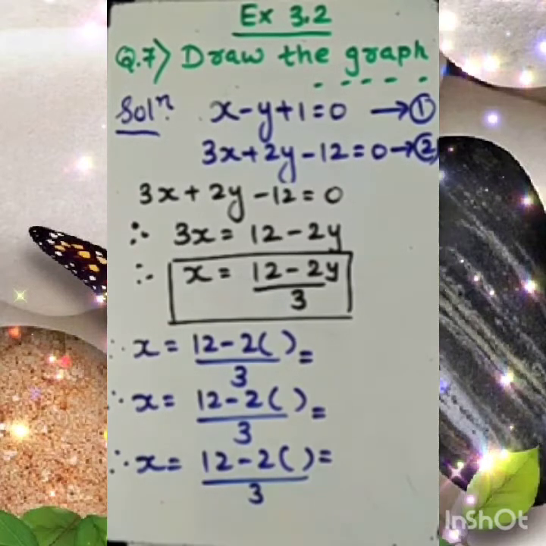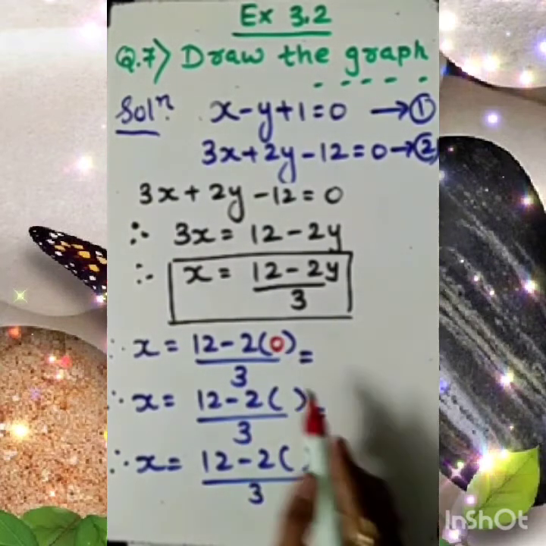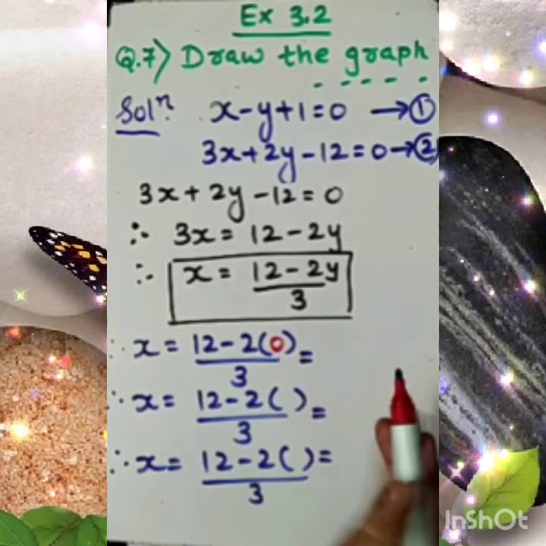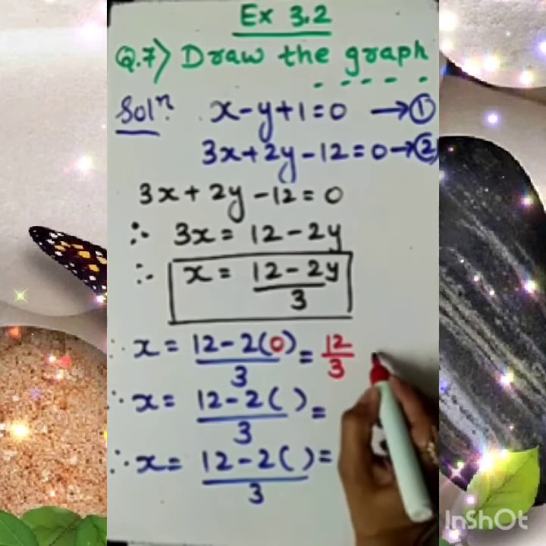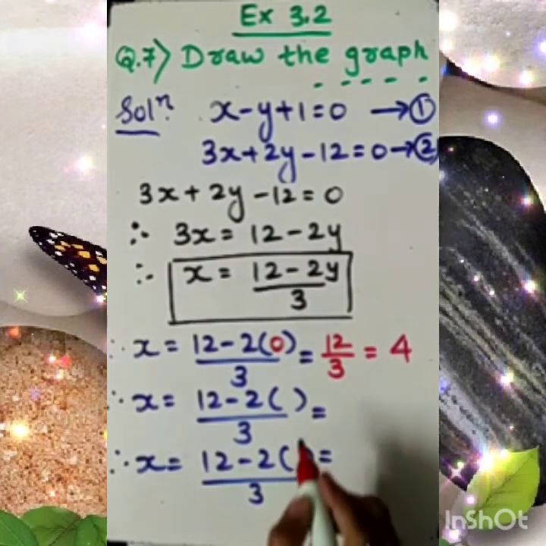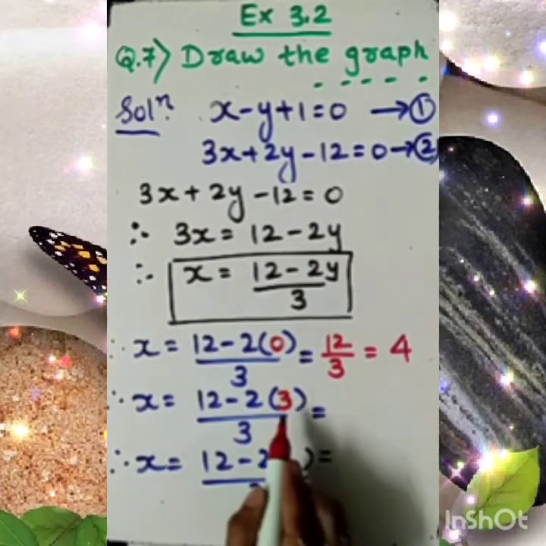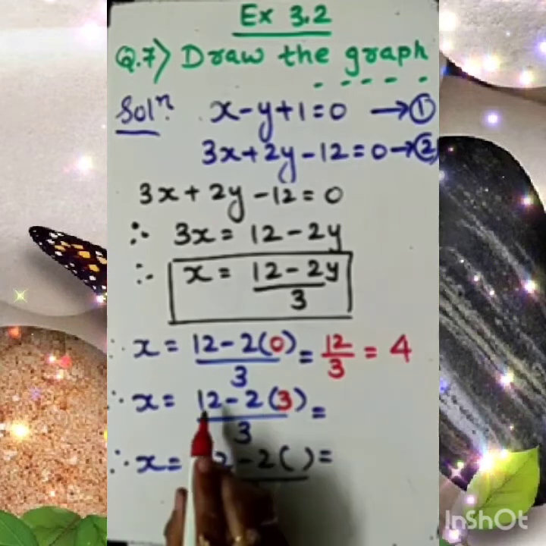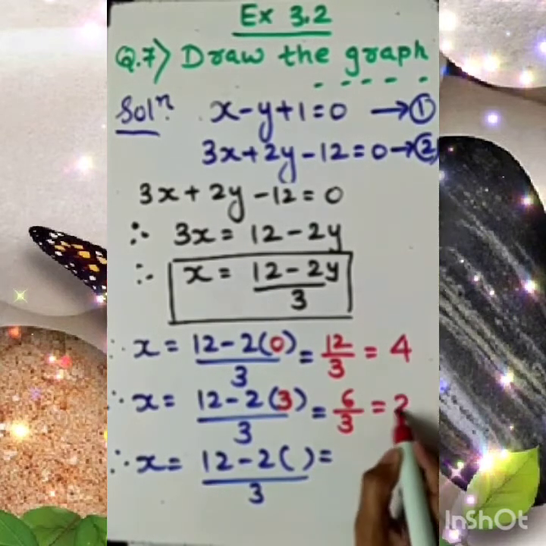Suppose I am choosing 0. 2 into 0 is 0, 12 divided by 3, of course it will be 4. Then think about 3: 2 times 3 is 6, 12 minus 6 is 6, 6 divided by 3 is 2.